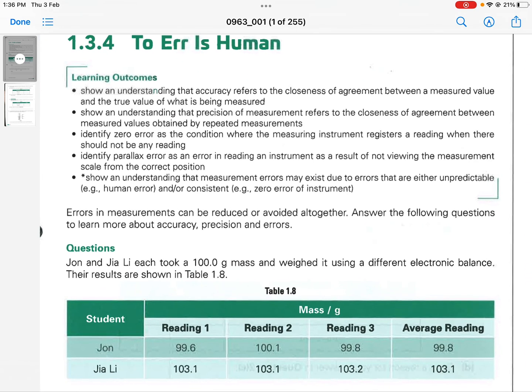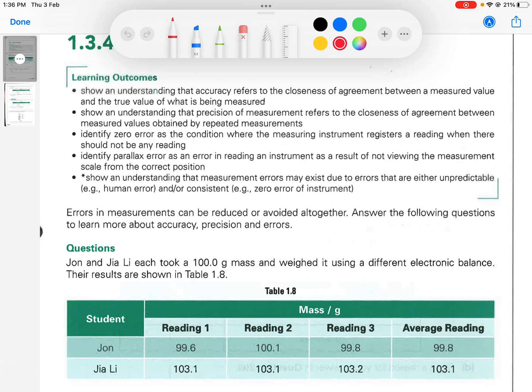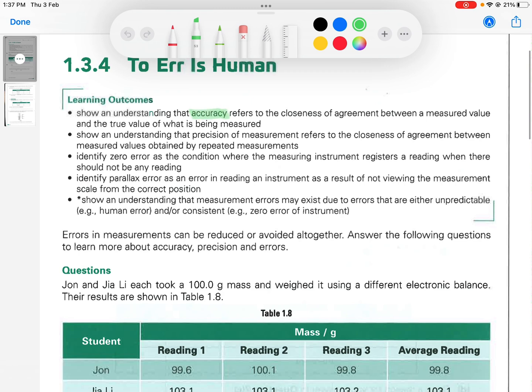Let's take a look at what we are supposed to learn. Whatever I highlight, I hope you can follow me. Show an understanding that accuracy refers to the closeness of agreement between a measured value and the true value of what is being measured.